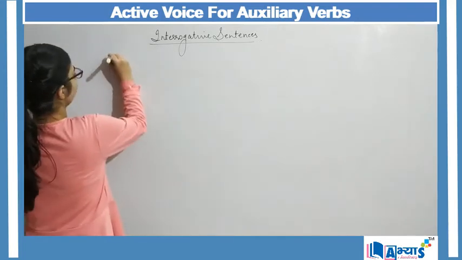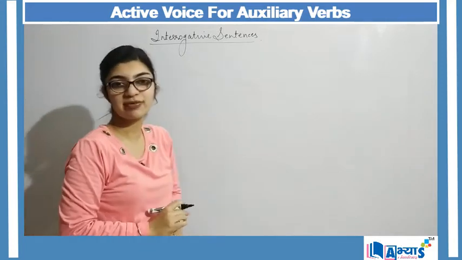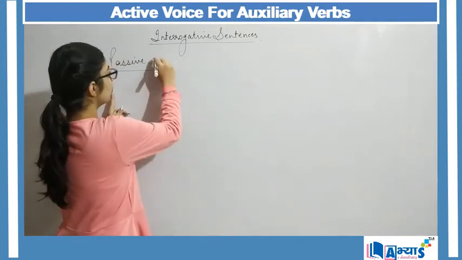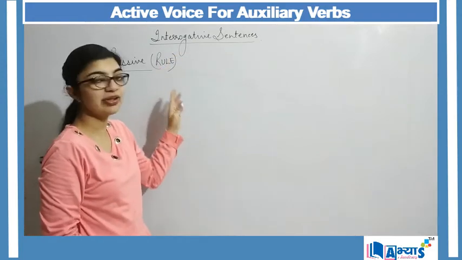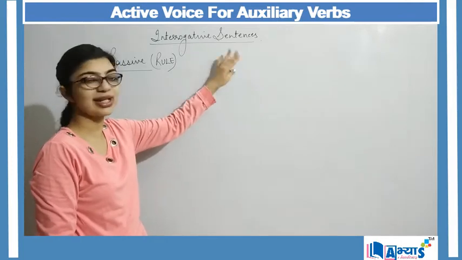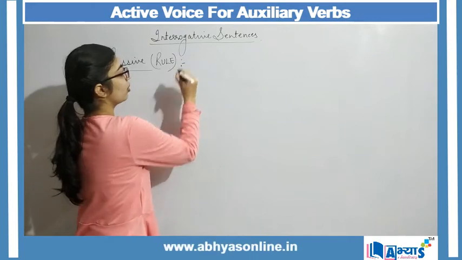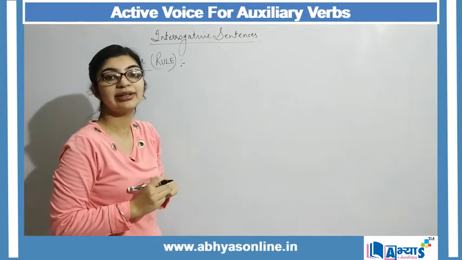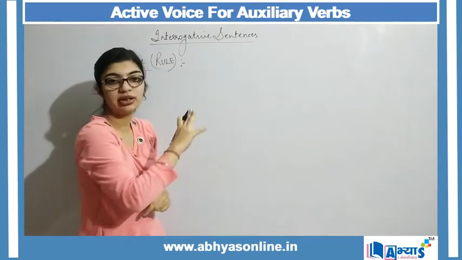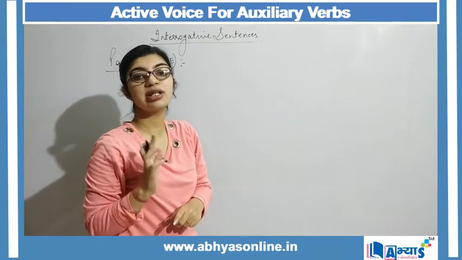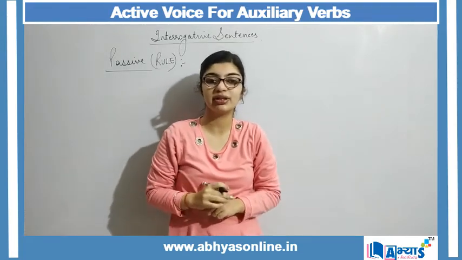So now I first have to identify whether my sentence is in passive voice. The rule to identify if my sentence is in passive voice having auxiliary verb and the sentence is of interrogation: my sentence will always begin with an interrogative word, and that interrogative word is always a modal. Why? Because here I am talking about auxiliary verb.